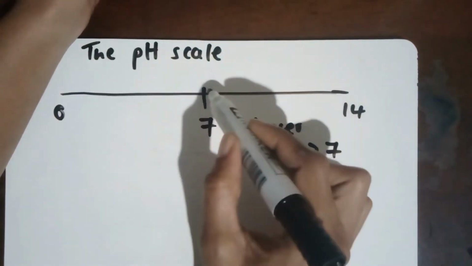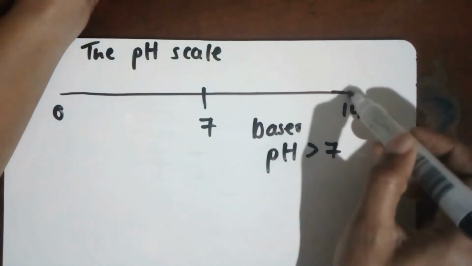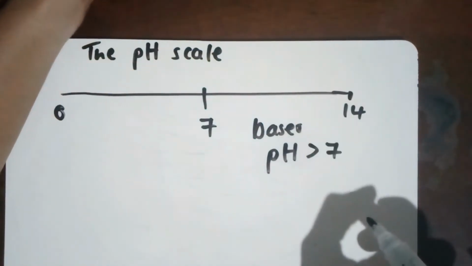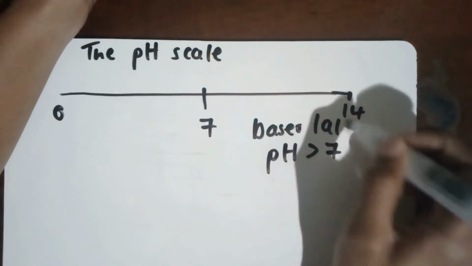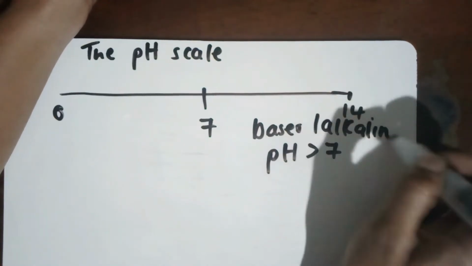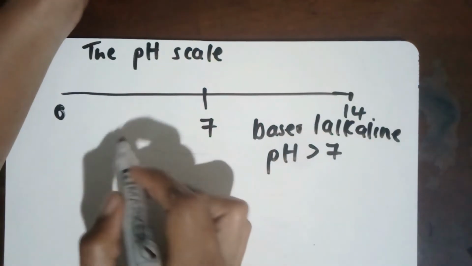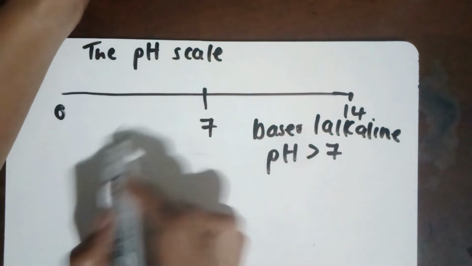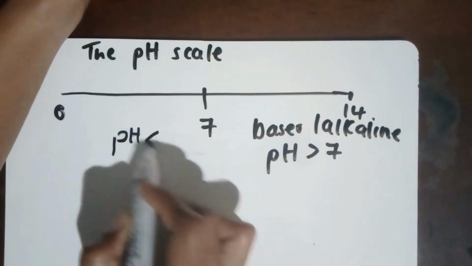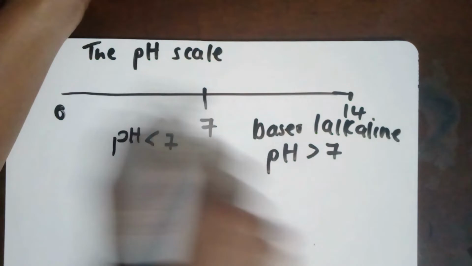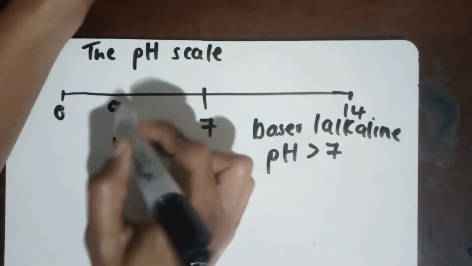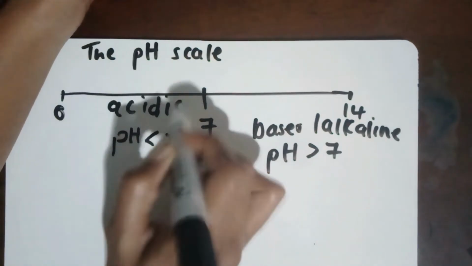All of the substances from 7 up to 14 are basic substances, or sometimes they call them alkaline, right? And the substances that have a pH lower than 7, from 7 down to 0, are acidic substances, right?